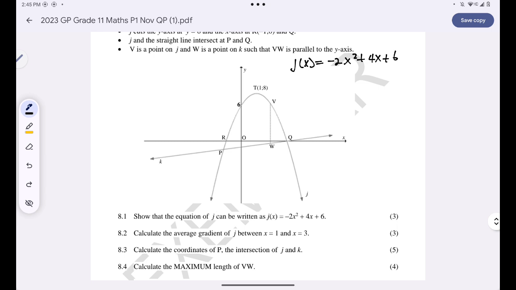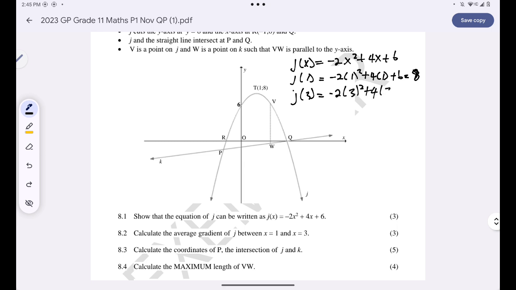I only have the x values. I want to find the corresponding y values. So J of 1 is simply negative 2 times 1 squared plus 4 times 1 plus 6. When x is 1, the value of y is 8.